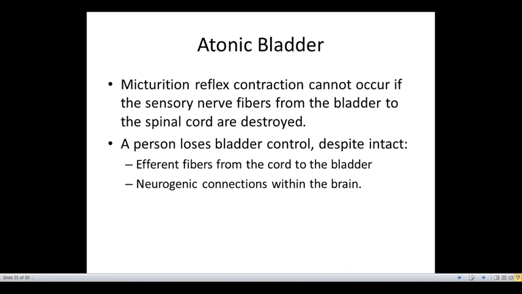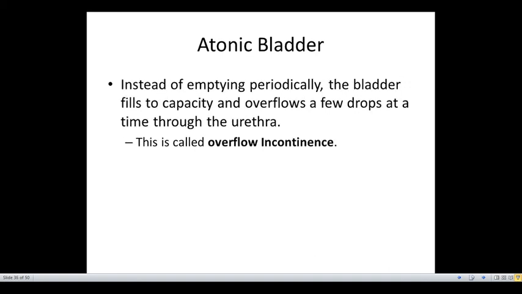If the sensory fibers are gone, the reflex is no more there. So, what happens? Instead of emptying periodically, the bladder fills to capacity and overflows a few drops at a time through the urethra. This is called overflow incontinence.